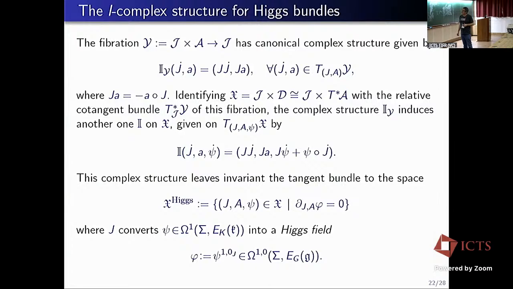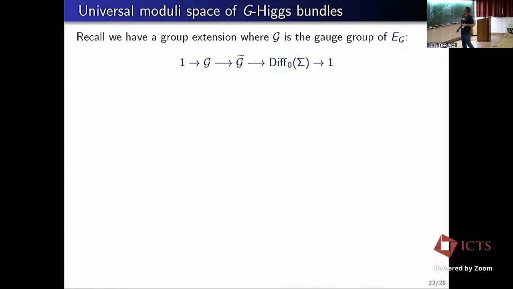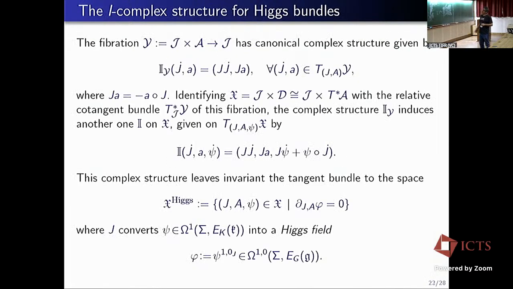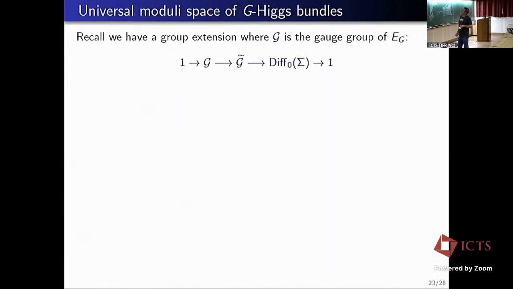And what else do we need to make our constructions? From this point of view, we again use this identity component extended gauge group acting on this space.